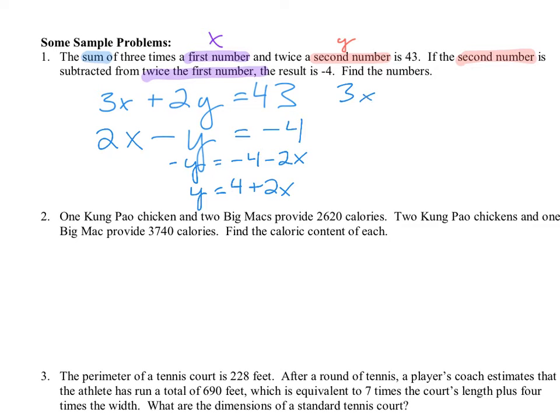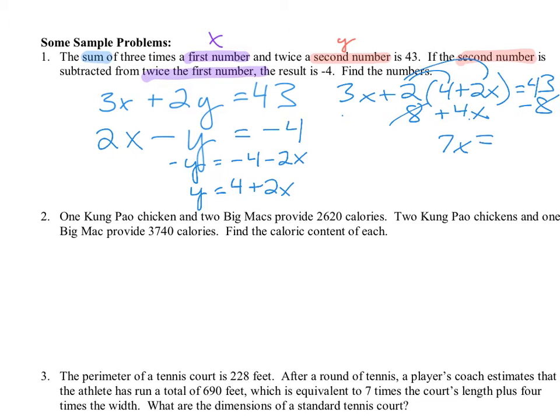So I have 3x plus 2 times (4 plus 2x) equals 43. So 3x, I distribute, I have 8 plus 4x. So I'm going to subtract the 8, and I'm going to add the 3x and 4x. So I have 7x equals 43 minus 8 is 35.